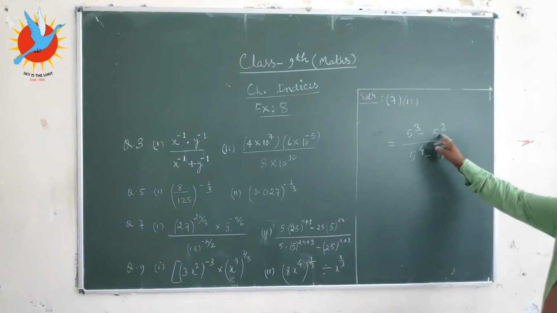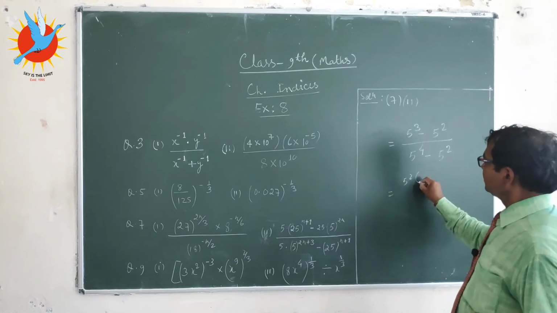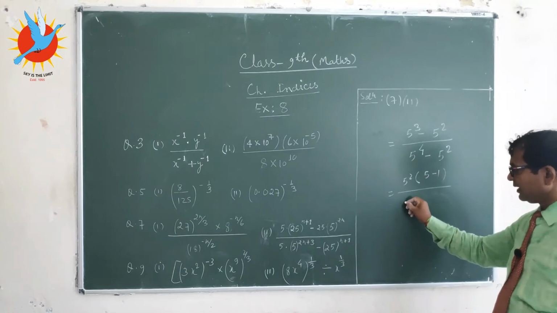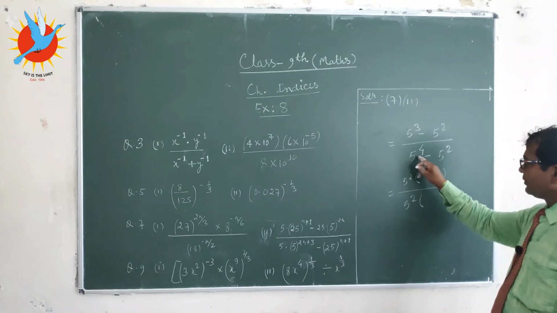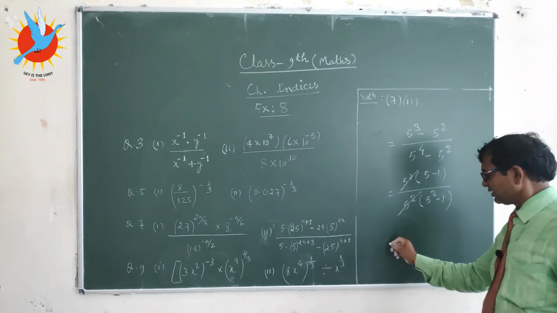Now this 5 square can also be taken as common, and this will become 5 square (5 minus 1) over (5 square minus 1). Now this and this again cancelled out.